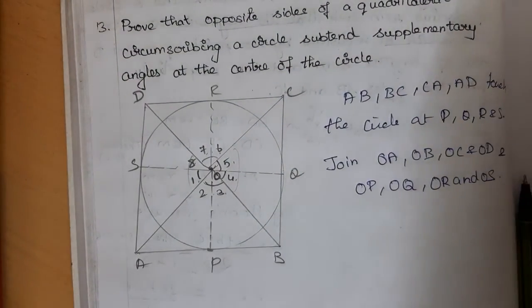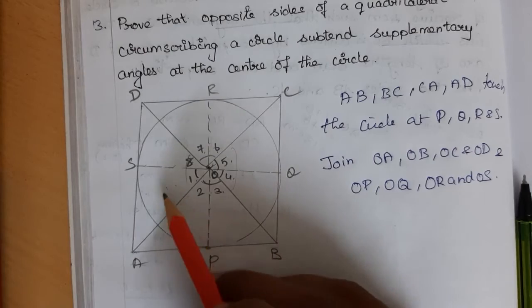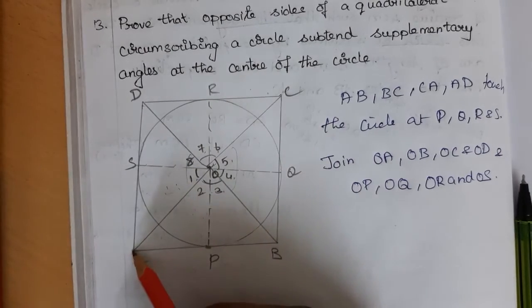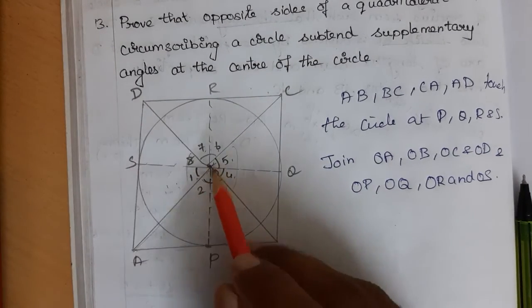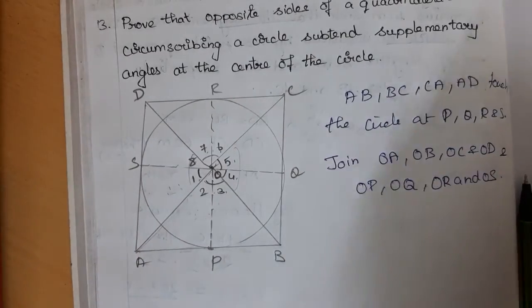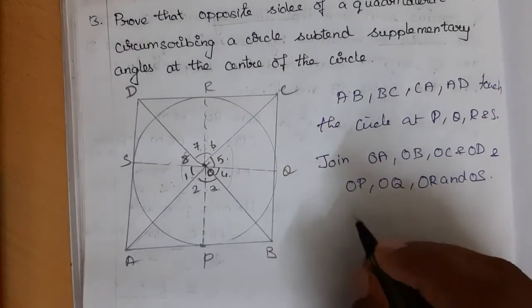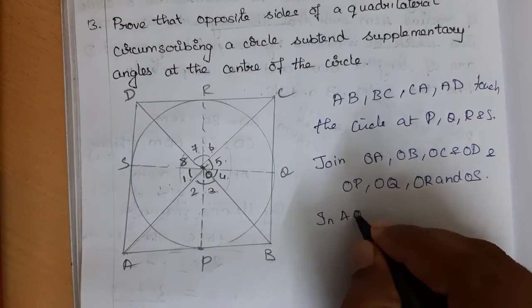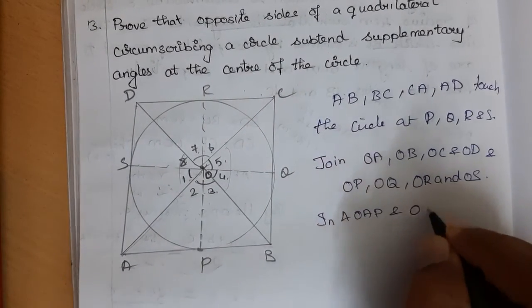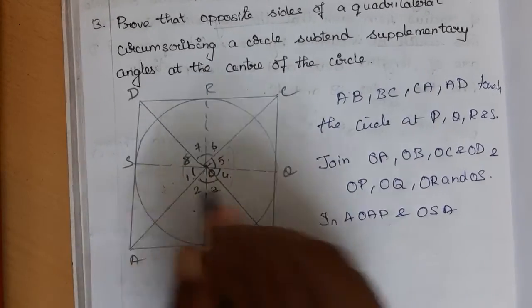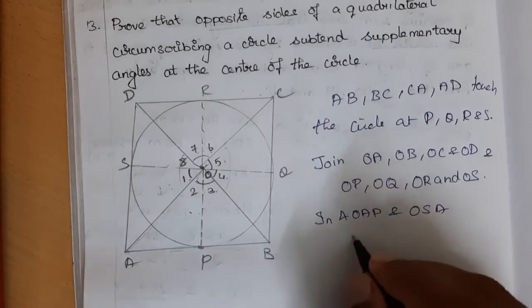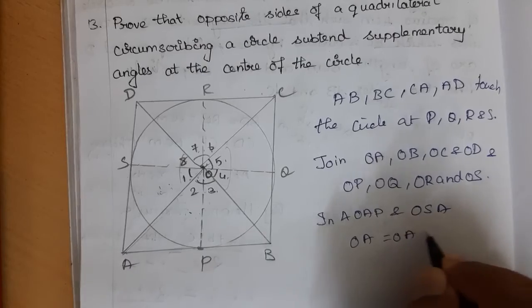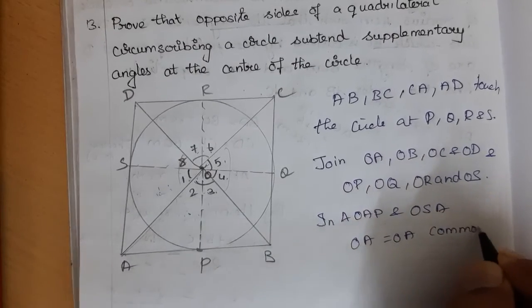So we know that we already proved that these two triangles are similar, right? This is common and these two are radii, these are the same. When we compare triangles OAP and OAS, these two triangles I'm comparing, we can say OA is equal to OA, common.